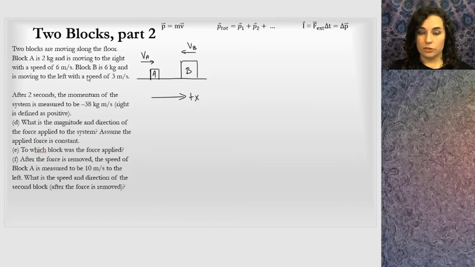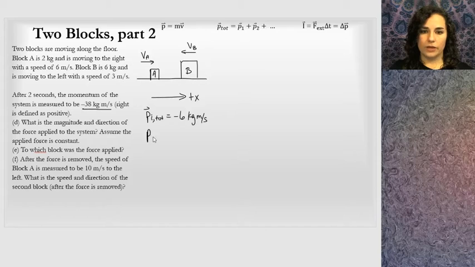I'm returning to the 2 blocks problem, and here's our setup from before. We had 2 blocks, A and B. They were moving towards each other, and there's a positive x direction. It says after 2 seconds, the momentum of the system is measured to be -38 kilograms meters per second, with the right defined as positive. So at some point later, there's a P final. Remember, we had a P initial for the system, -6 kilograms meters per second.